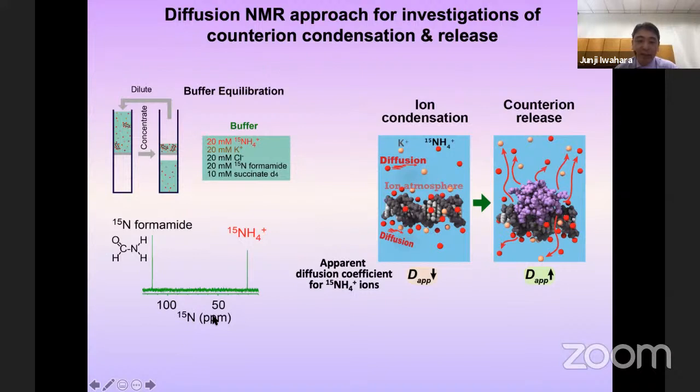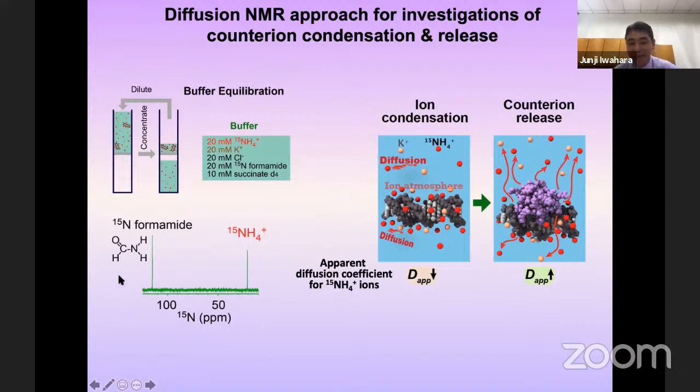In some experiments, we use, for example, this buffer. Okay, this buffer contains 20 millimolar N15-labeled ammonium ions and N15-labeled formamide. And the macromolecular components are not labeled. So if you measure a nitrogen spectrum, you get a beautifully simple spectrum like this one.